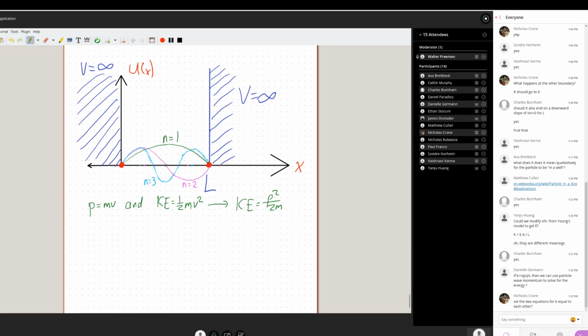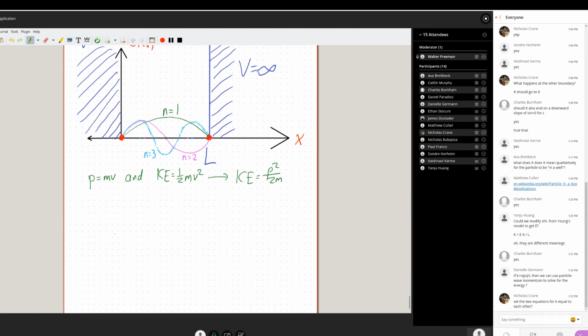What you're proposing is completely valid. And we'll come back to this idea of the thing inside the potential well being essentially, not a simple harmonic oscillator, a free particle.